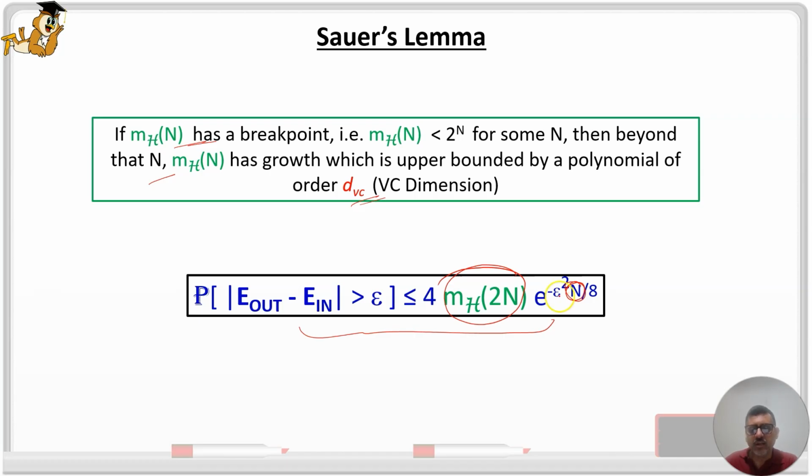And this would in turn allow us to make E out as close to E in as we like. So it was an extremely important result because it helped us establish that E out could be made arbitrarily close to E in by increasing the number of training samples, right? And a key ingredient of that was the fact that mH grew like a polynomial.